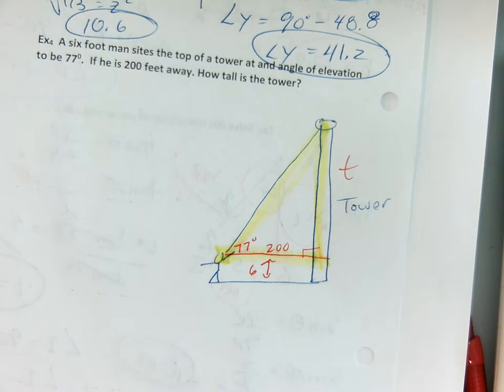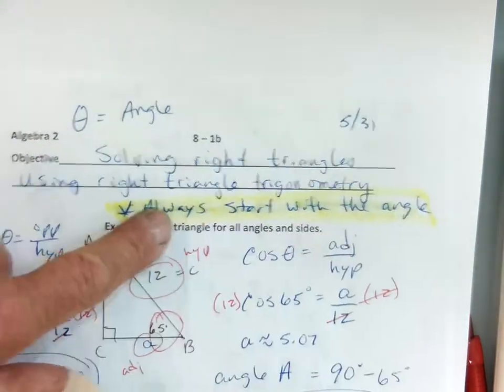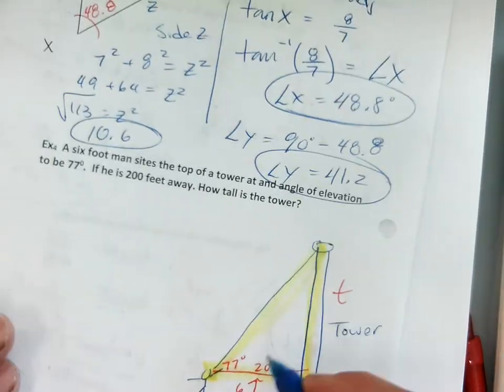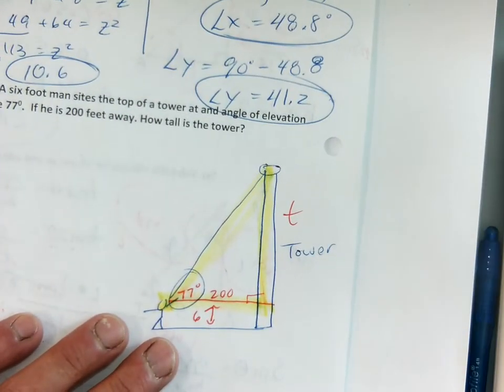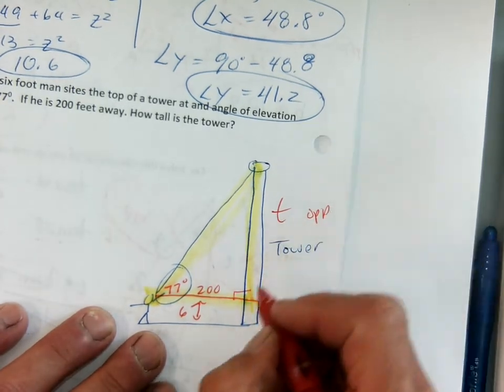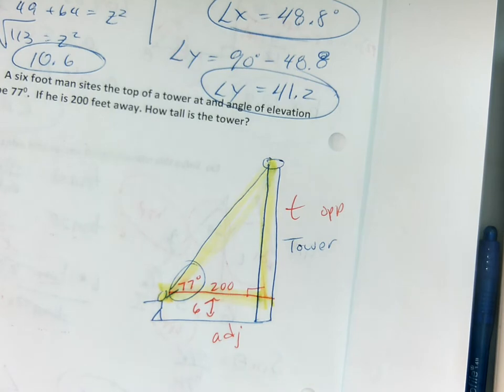Okay, so again, what's the first thing we should always do? Start with the angle, right? So I'm going to start right here, my angle. That makes this side my opposite side, and this side is my adjacent side. Which trig ratio should I use? Opposite, adjacent, tangent, right?